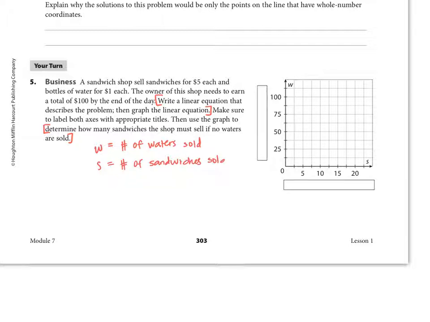Again, we know that this shop is going to make $100. We know how much each one is. We just don't know how many of each one are going to be sold.